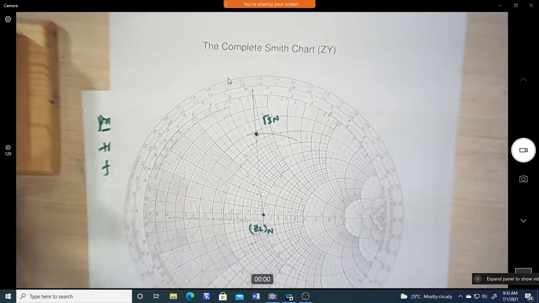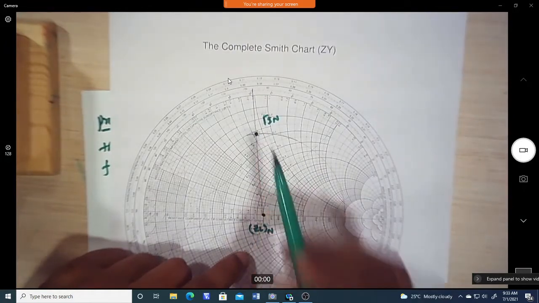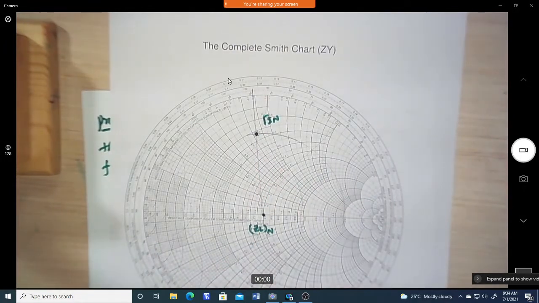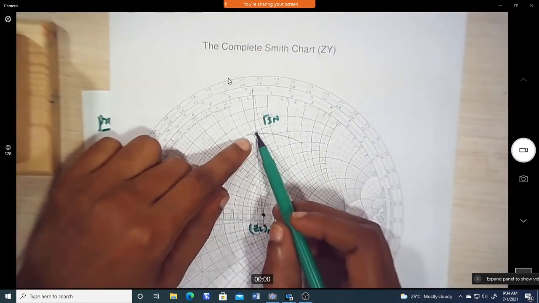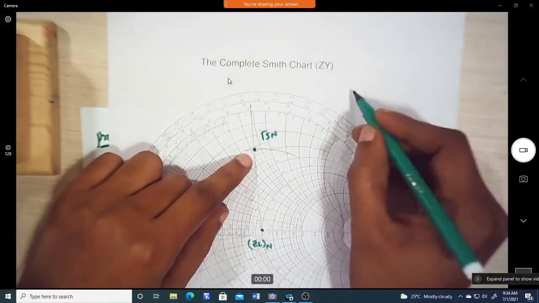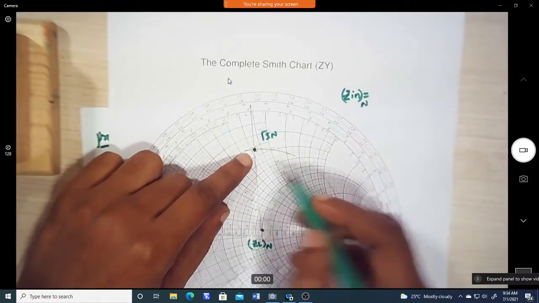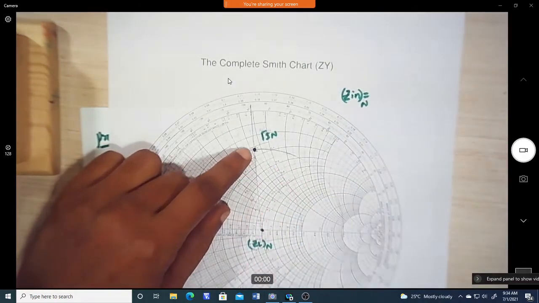Okay, so now we need to transform this point to this point. So that is what important thing. Okay, so now we can see, so here we need to first find out what is the input impedance. So that is Z in. So normalized. So what is the value of Z in at this point?